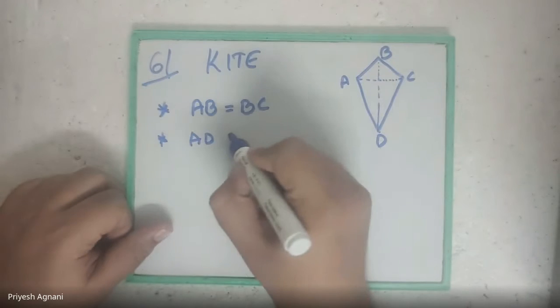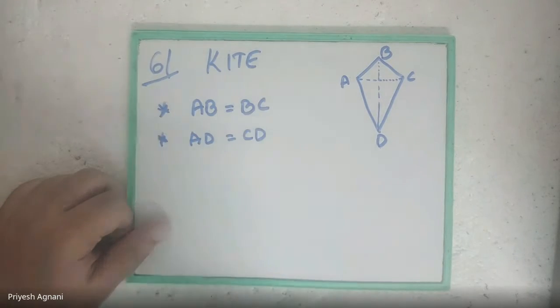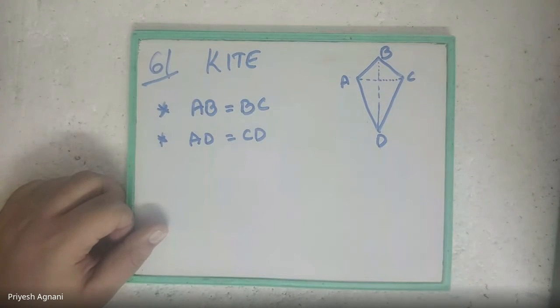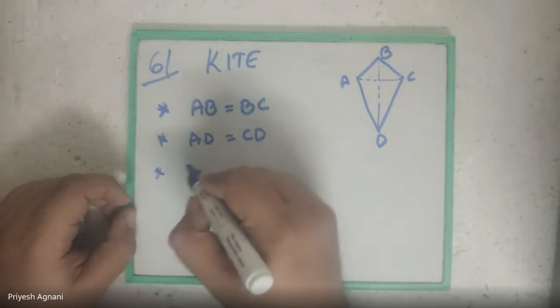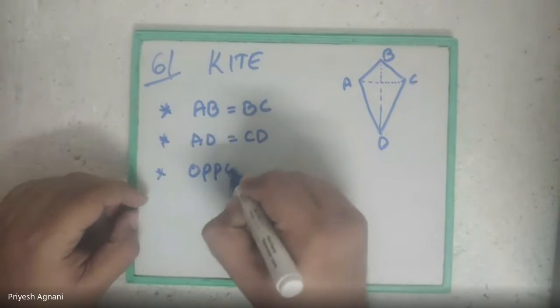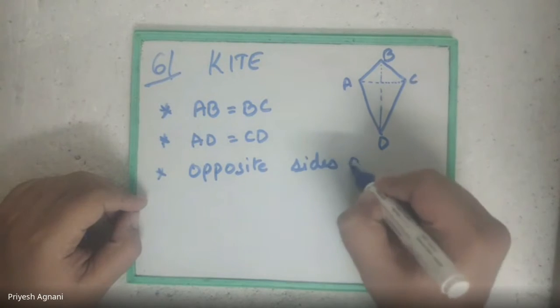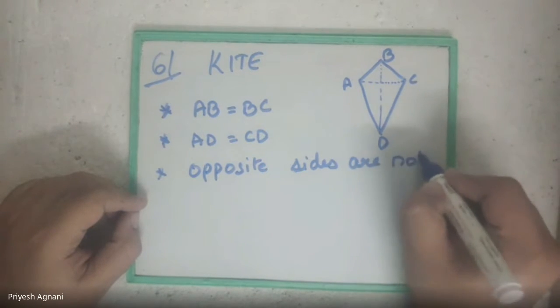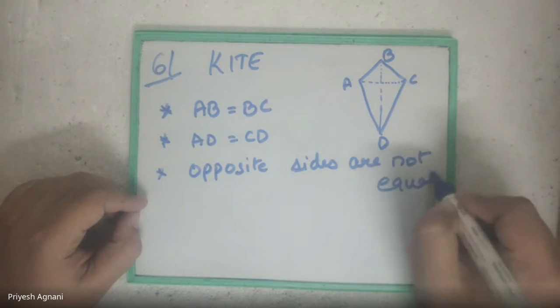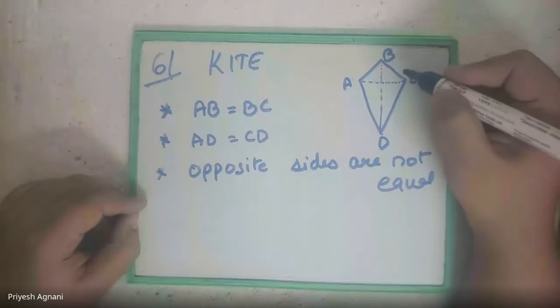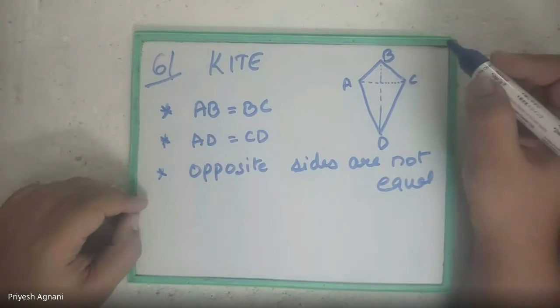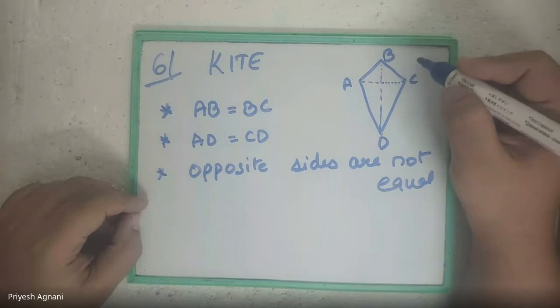Second thing that we are going to write is AD is equal to CD. यहाँ पे opposite sides are not equal. देखो, AD is not equal to BC. ठीक है, AD is not equal to BC.